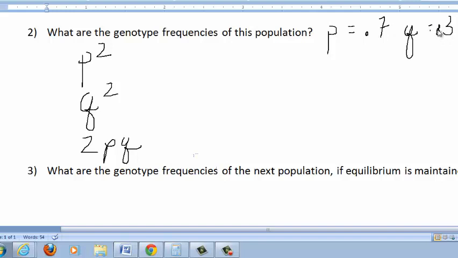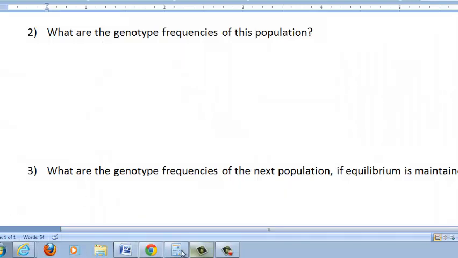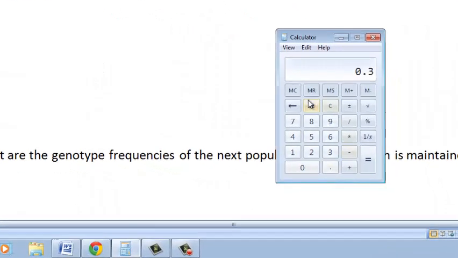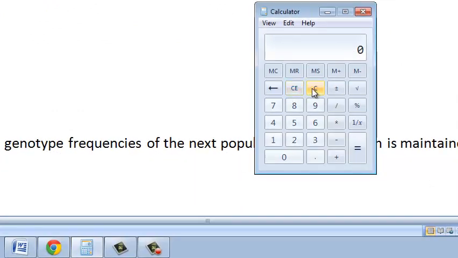Because we're going to need to use those now to figure out the genotype frequencies. So if P is 0.7, then P squared should be pretty easy to figure out. You would probably do this in your head, but I'll show you on the calculator. 0.7 times 0.7 equals 0.49.